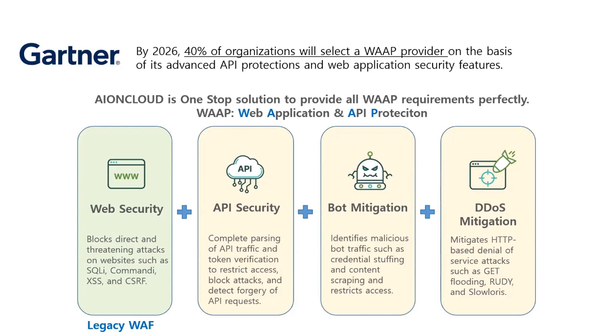This does not mean additional API security only. Actually, you need bot mitigation and DDoS mitigation features as well. So Ion Cloud has been designed and developed to meet all of the requirements of WAAP without additional cost and complexity.